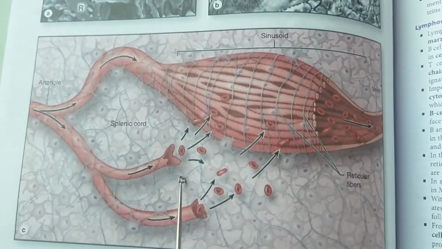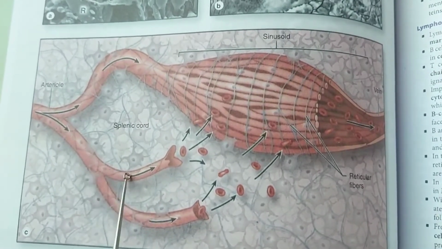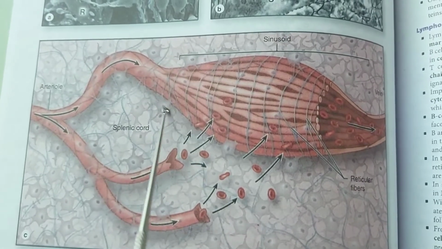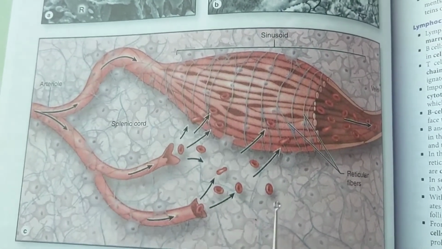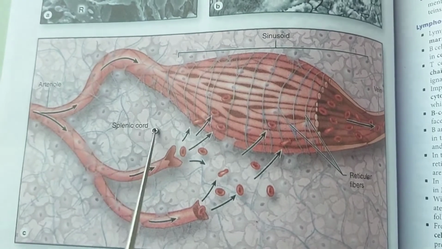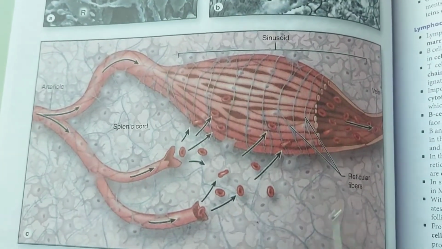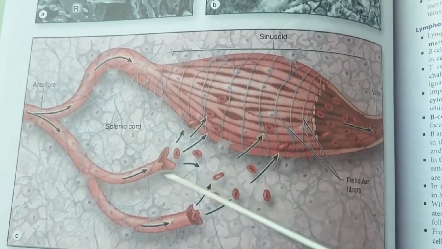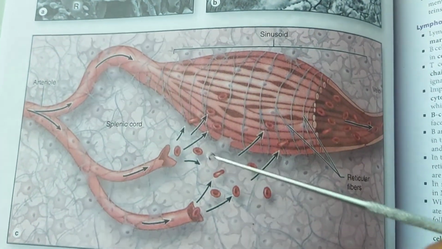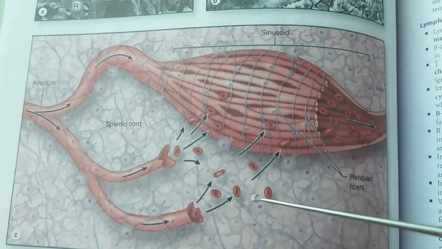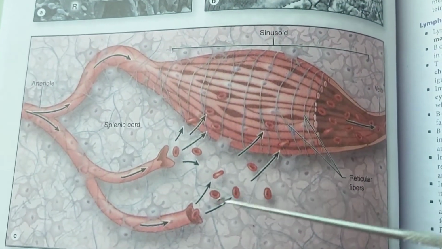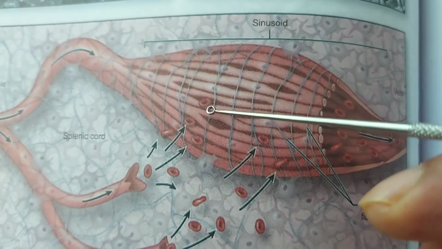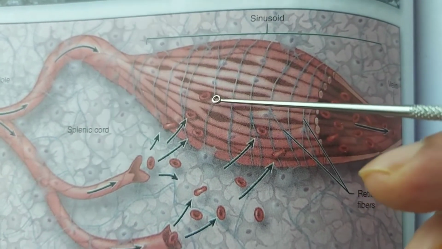And here is the open circulation. Here we see the blood vessel ends, so blood is left in the stroma of the spleen. This is known as the splenic cord. So blood remains in this part, in a wide area of the tissue, where the blood cells are dispersed, and this blood finally enters into the capillary through the spaces in between these cells.